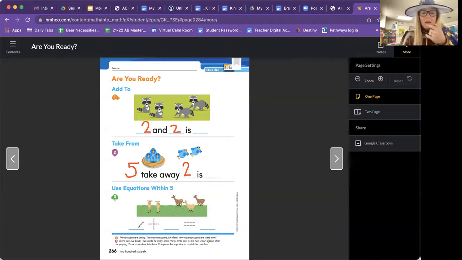We're going to add. Okay, so trace it. But how many deer were there at the start? 2 plus. How many more came? 3. And then do you remember what these two lines mean? It means equal, right? 2 plus 3 equals, how many are there now? Okay, and write that answer.